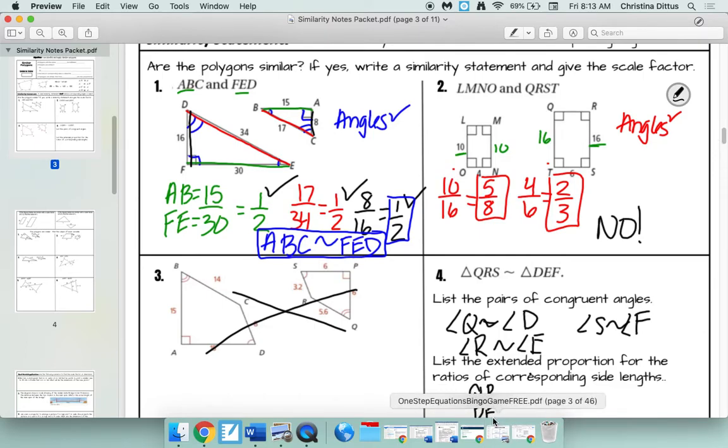Okay. QR over DE equals RS. It's gonna match RS, EF. And then the left side of the triangle, QS, is gonna match what? So all your extended proportion is just matching your sides in fractions instead of them equal.